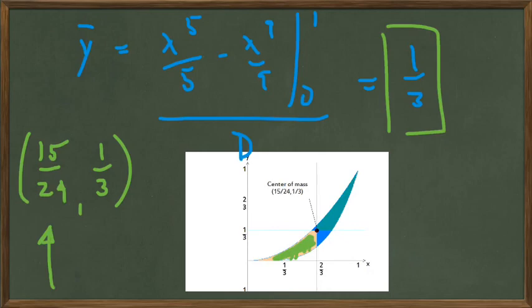Okay, so let's note that first of all, I had to switch the coordinates of the points. I had them backwards. The x center of mass is just a little bit more than the halfway point, and the y center of mass, however, is only 1/3 of the way up.